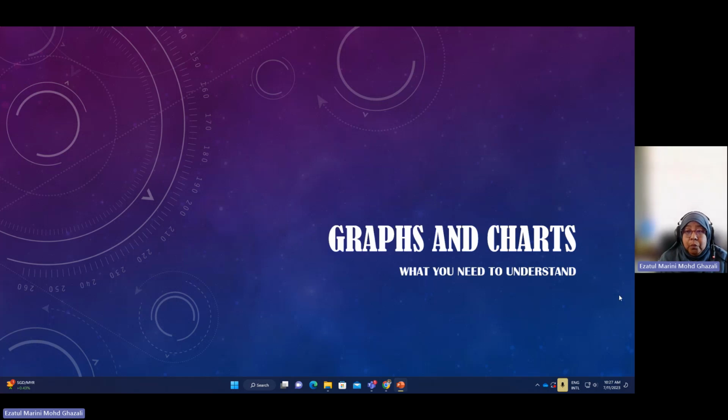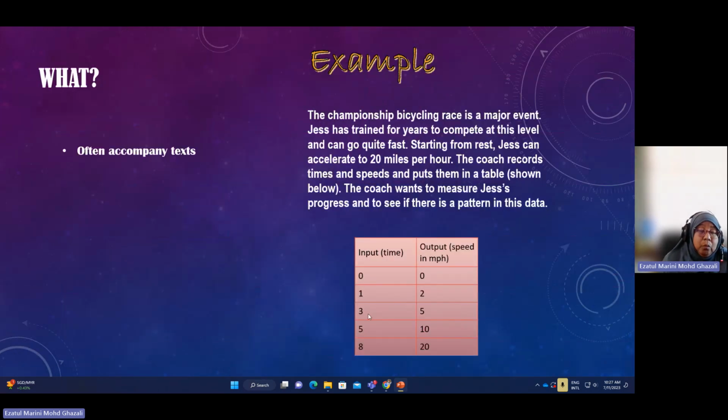Right. So I'm going to explain to you what graphs and charts are, and what you need to understand when we are talking about graphs and charts. Graphs and charts often accompany text.